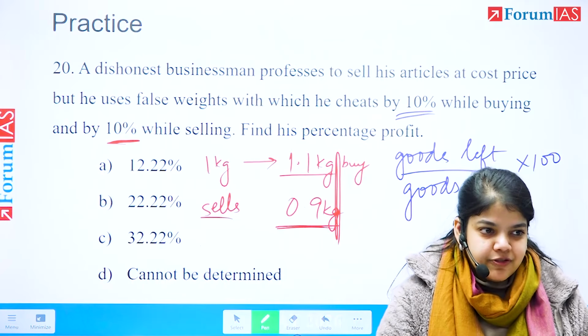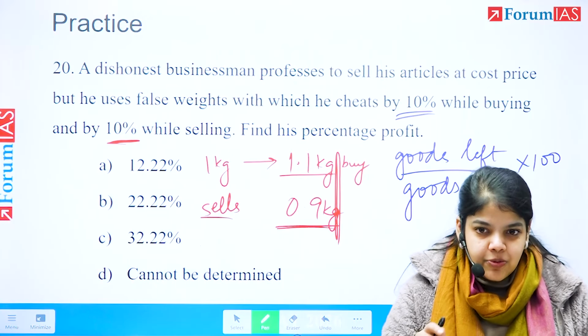But how much is he left with? 0.2. 1.1 minus 0.9, 0.2. How much did he sell? 0.9 into 100. Solve. 200 by 9. 22.22. Goods left upon goods sold into 100.